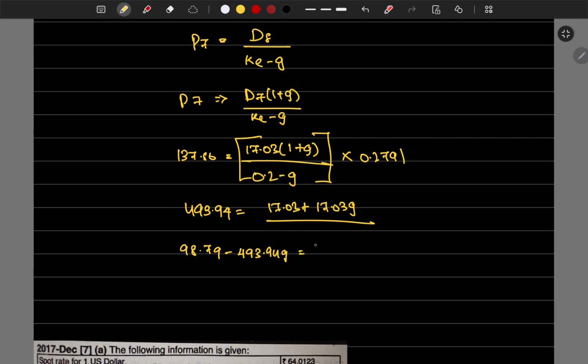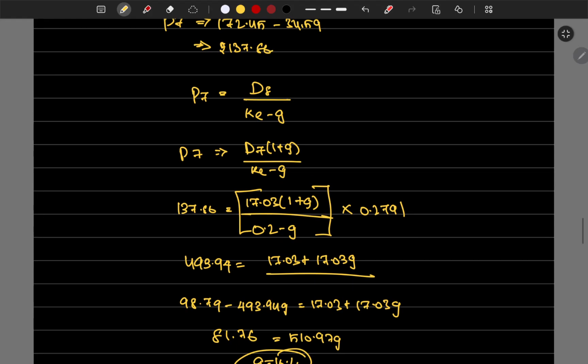Okay, now minus 17.03, which is 81.76, equal to 17.03 plus 493.94, which is 510.97 g. So 81.76 divided by 510.97, which is 16%. Yes, we got the value now.